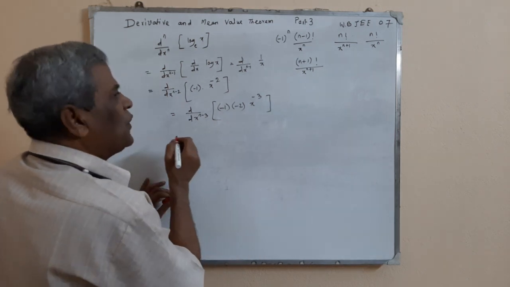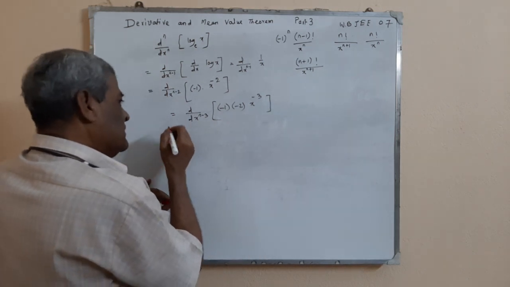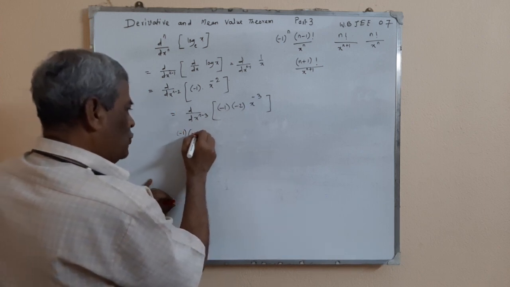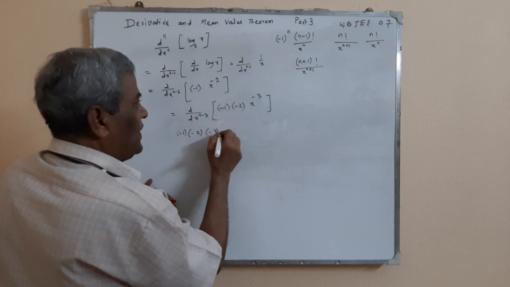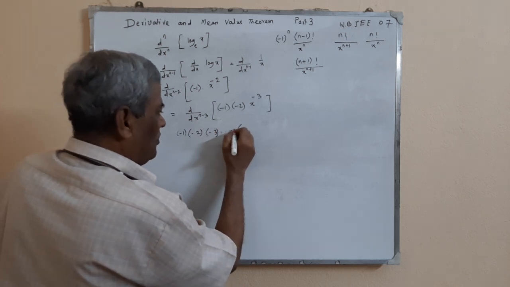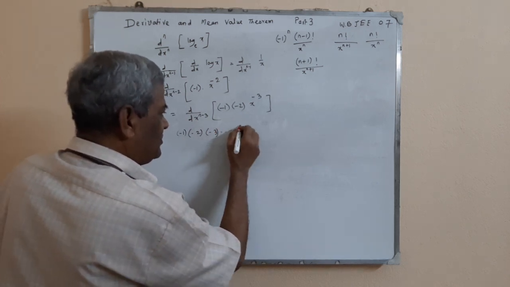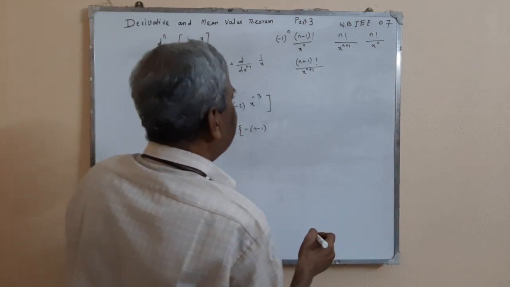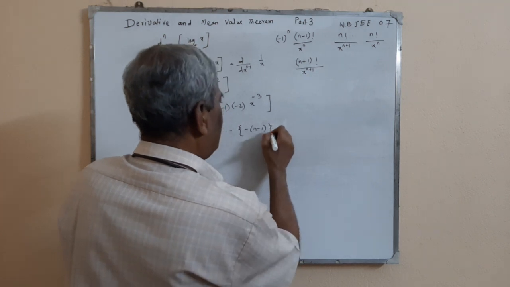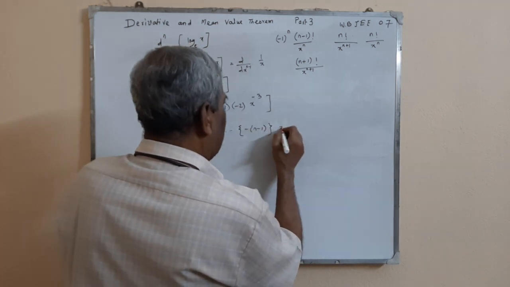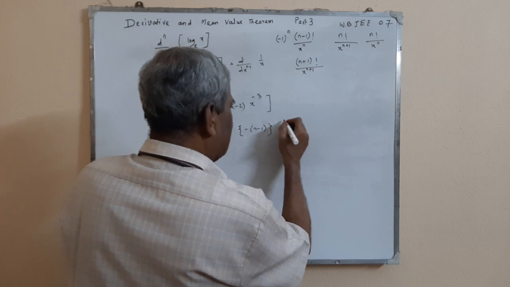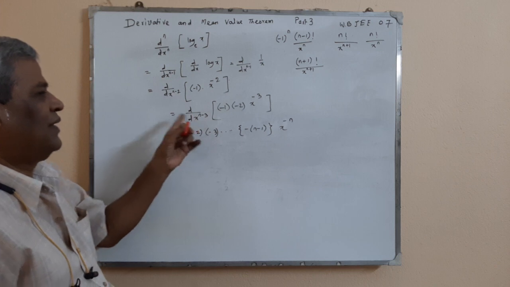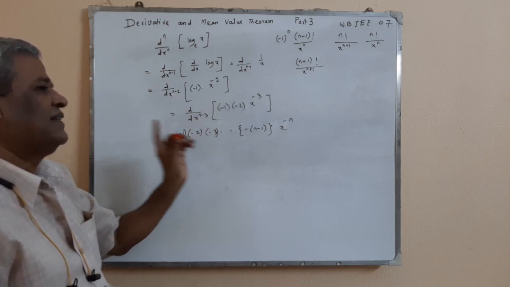So continuing this process, after differentiating n times, this becomes minus 1 into minus 2 into minus 3 up to minus (n minus 1), x to the power minus n. Continuing this process, we get that result.